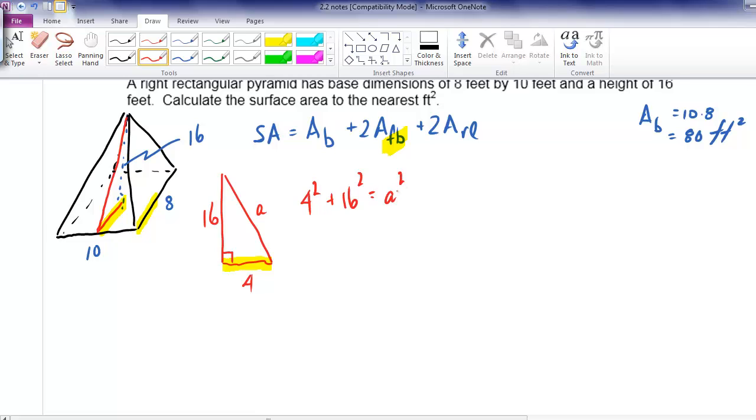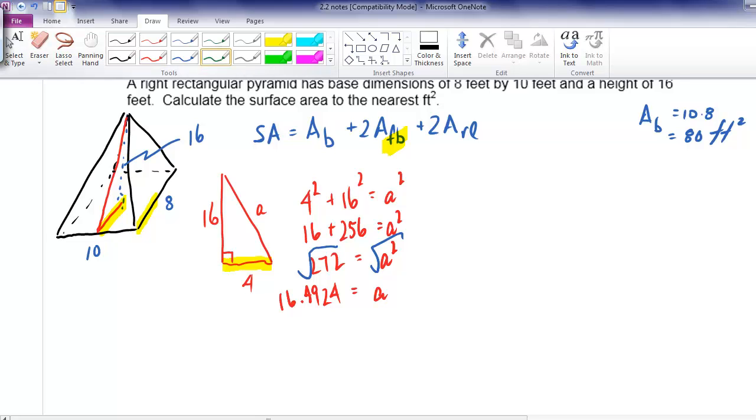It doesn't matter what we call it. 16 plus 256 is equal to a squared. A squared is equal to 272. And remember, to undo a square, we do a square root. And what we end up with is a is equal to 16.4924. Now, any intermediate calculation for us in the provincial exam should be done to 4 decimal places.